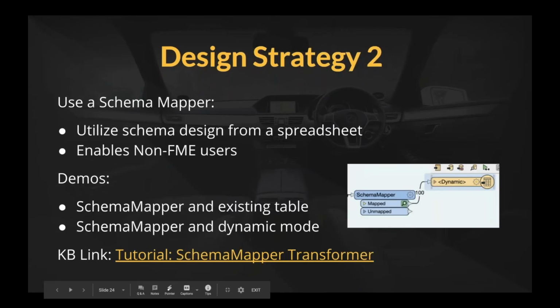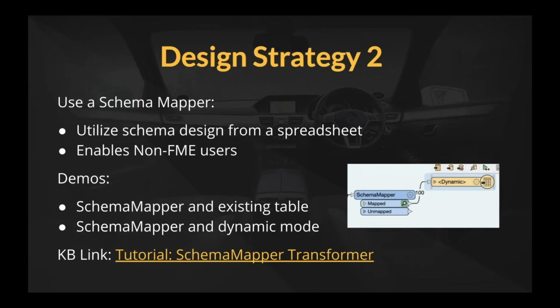And now we're going to talk about our design strategy 2. And this is the good one. This technique, in my mind, really lets you handle schema changes on the source or the destination. It can do both for you. And that's because you're going to define the schema externally to FME. And that could be someone from a different team who's managing the databases.